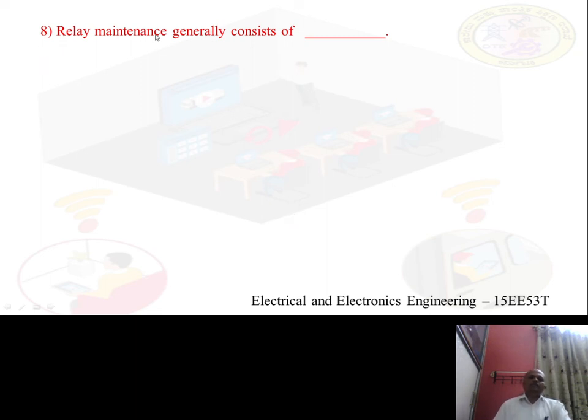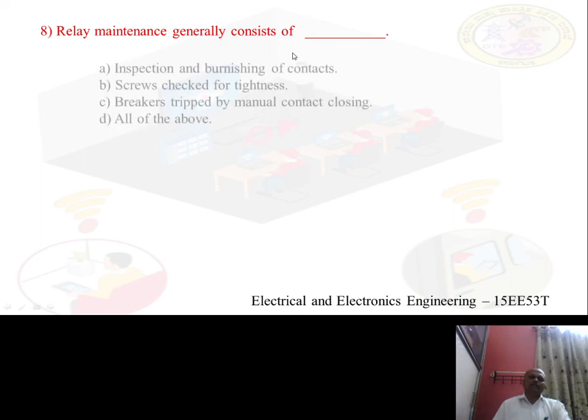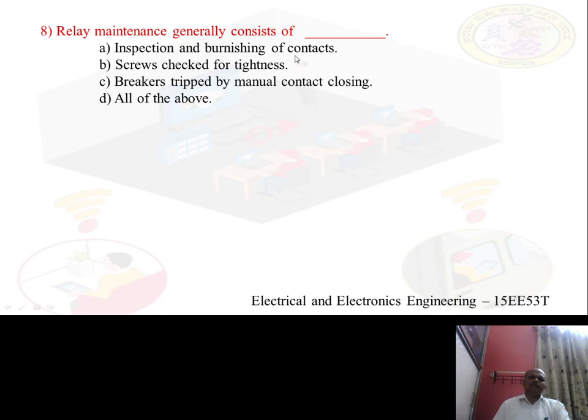Next question, question number 8. Relay maintenance generally consists of. Your options are A. Inspection and burnishing of contacts, B. Screws checked for tightness, C. Breakers tripped by manual contact closing, D. All of the above.